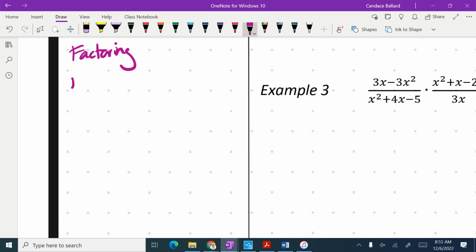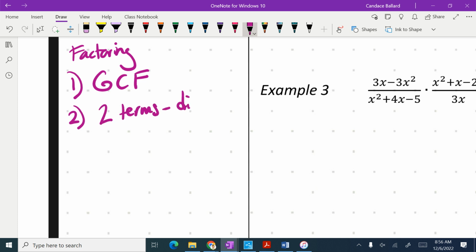So the first thing we look for when we factor is always a what? Yep, greatest common factor every single time. Then we count the terms. If we have 2 terms, we look for difference. I need you to know the names of squares because you're going to tell me, oh, that's a difference of squares factoring.